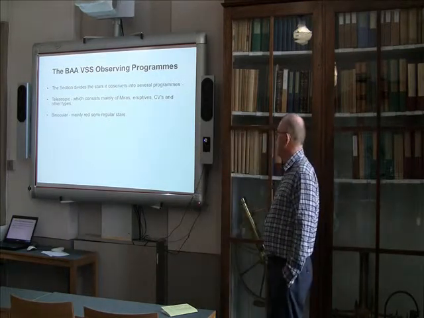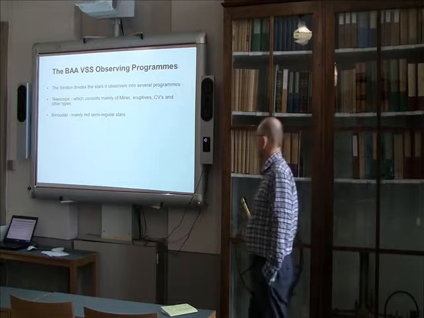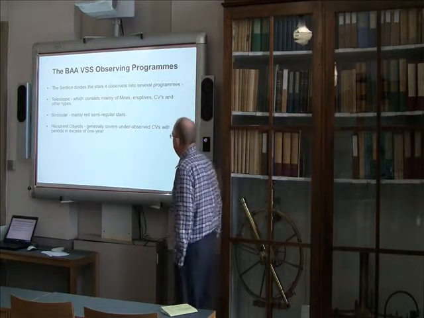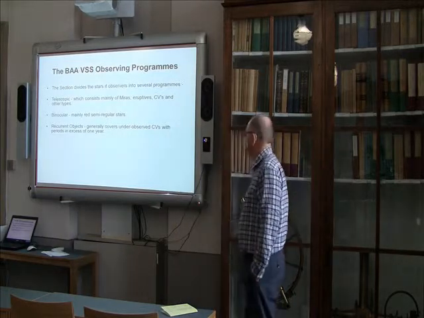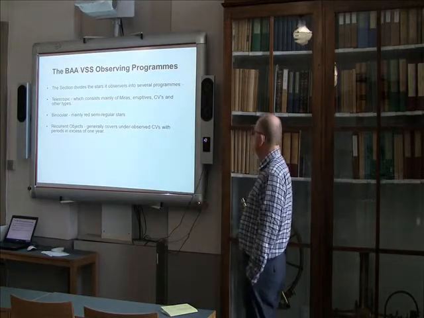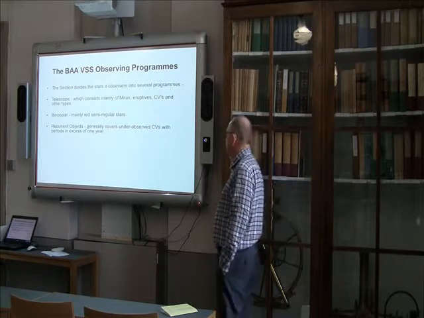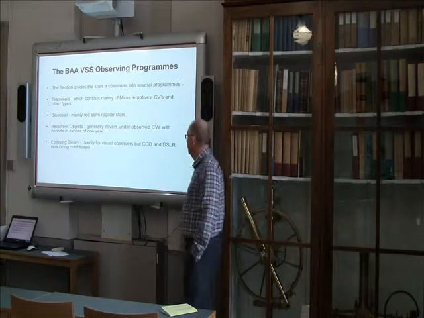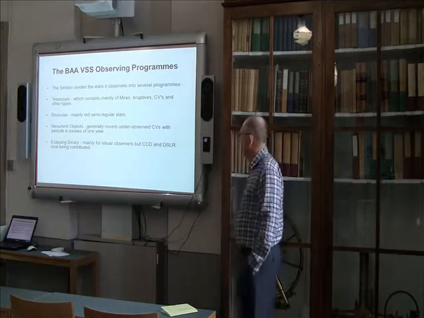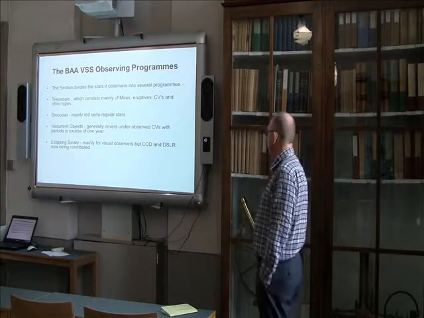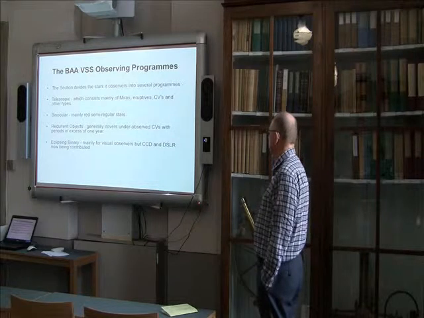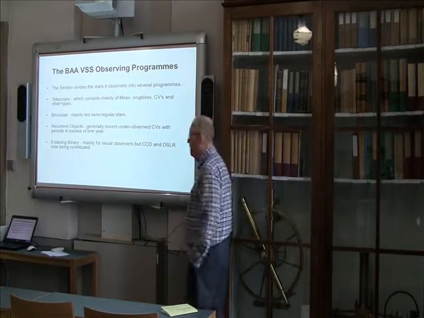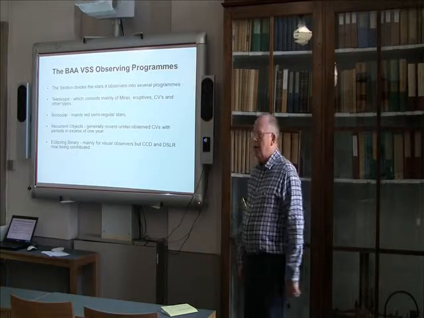Binocular, mainly red semi-regulars. Recurrent objects, generally covers unobserved CVs with periods in excess of one year. Eclipsing binaries, mainly for visual observers, but CCD and DSLR now being contributed.